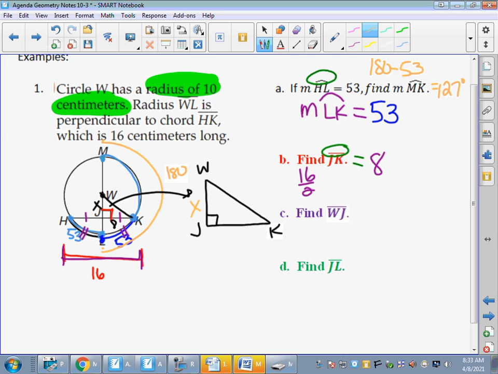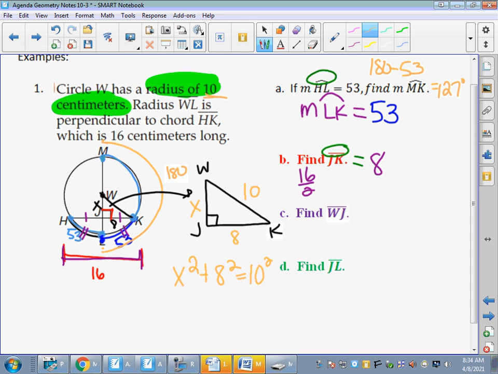JK we just found was 8 because that chord got cut in half. And we know WK. I know it's the hypotenuse of the triangle, but it is also the radius of that circle. What's the radius of circle W? It's 10. Here's what I was talking about before. We got a sneaky little Pythag problem happening. So 10 is the hypotenuse. So I'm just going to do x squared plus 8 squared equals 10 squared.